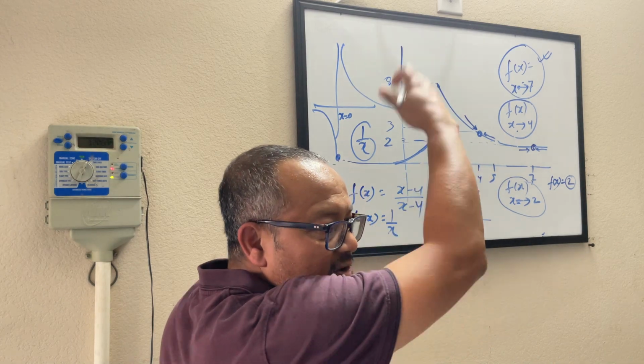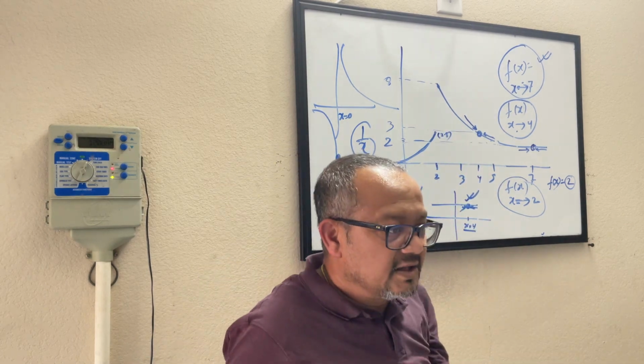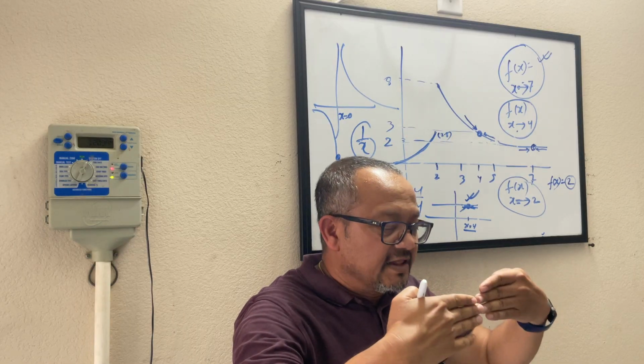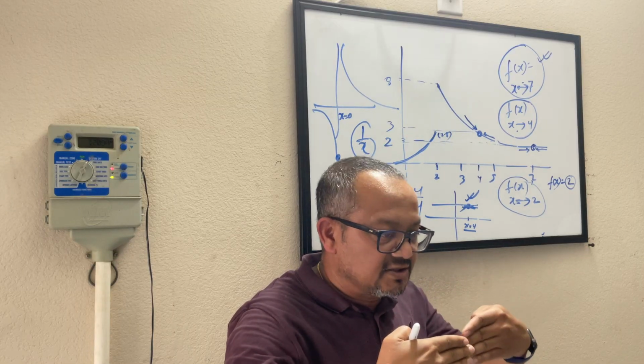They were unbound, they were going in different directions, they were not meeting at one point, so they were undefined, and they were also not having the limits.